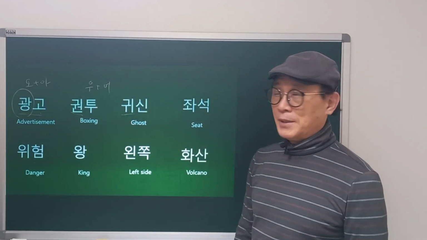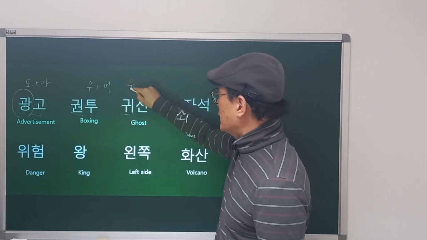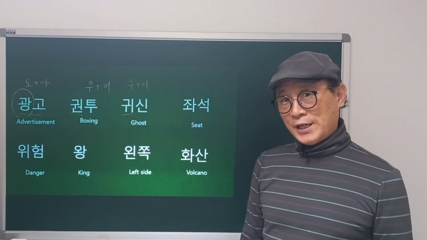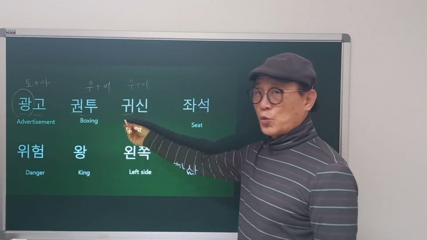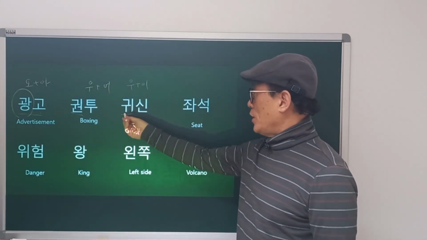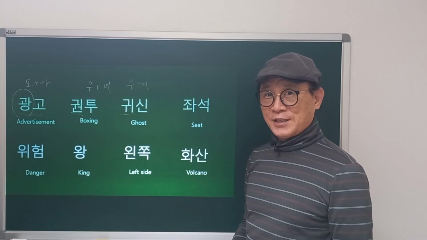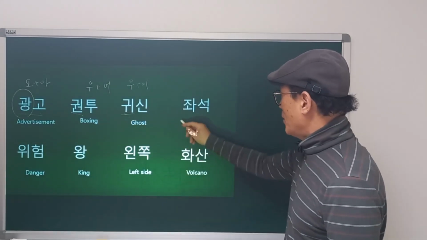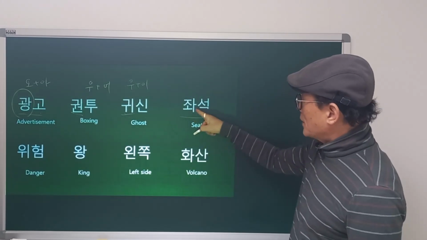Yeah, these are combined vowels. So you can see, oh, this is U plus E, right? U plus E. So we. So 귀신. The ghost. That one. O plus A, right?